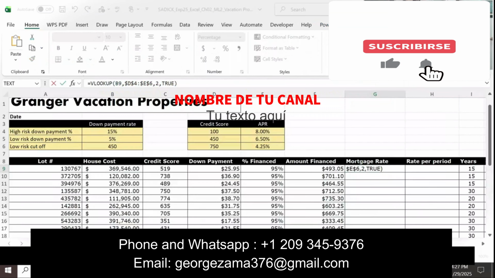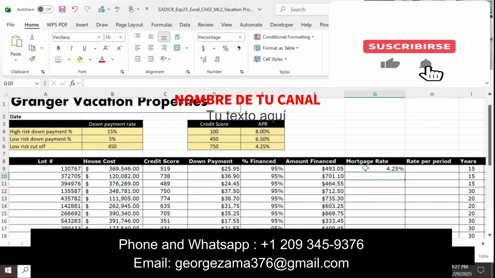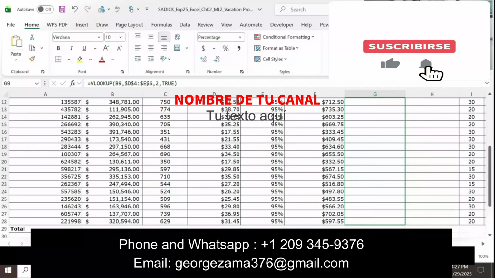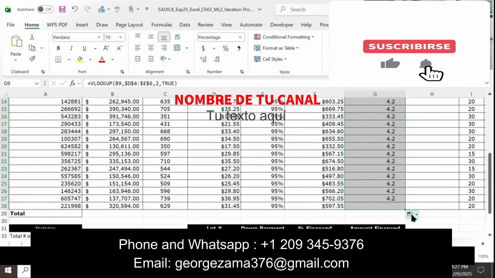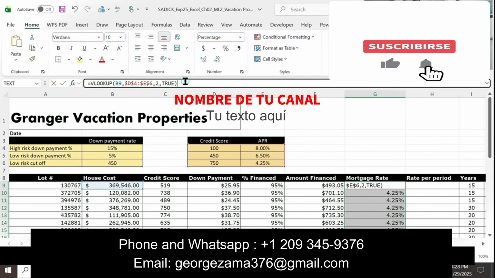Now we have to copy down this formula. First we have to press enter and get the result. Now we have to copy this formula down to G28 here. So it means that we have to remove the absolute value from here.